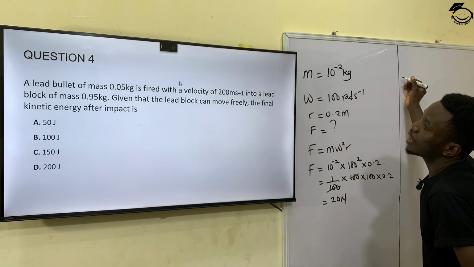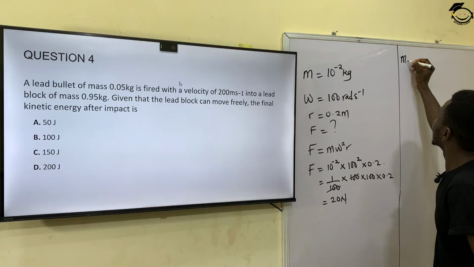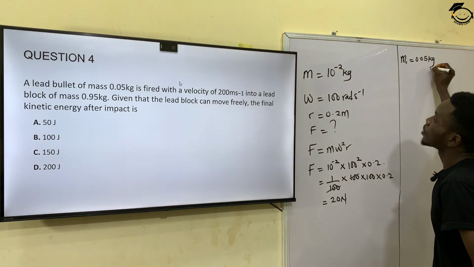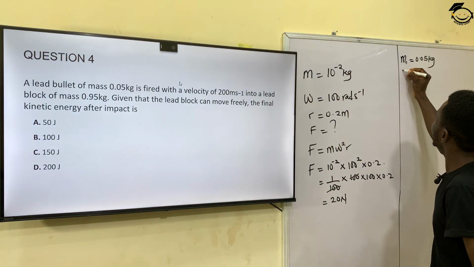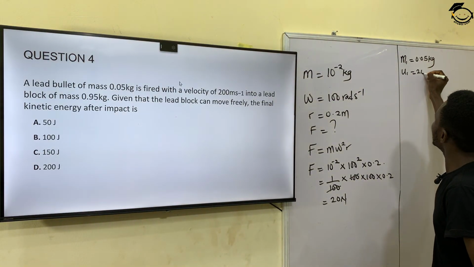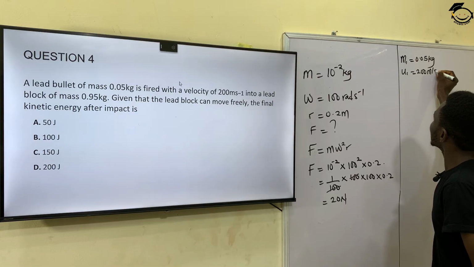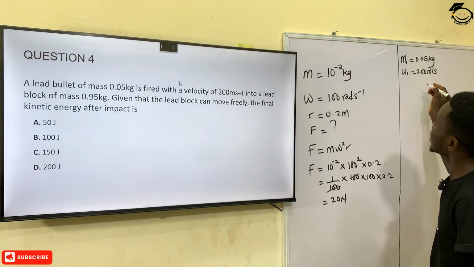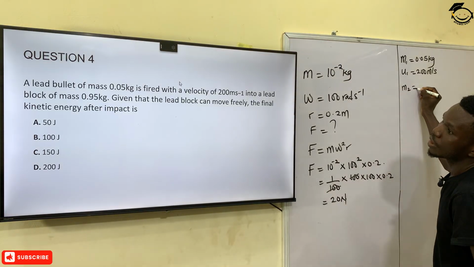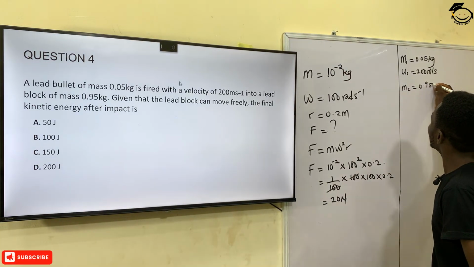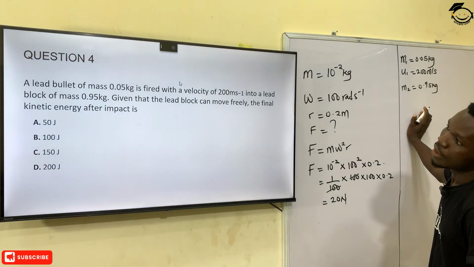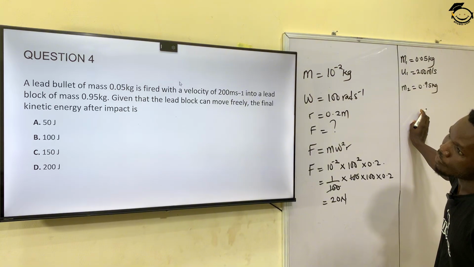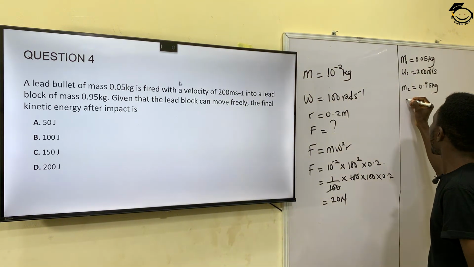So we have our lead bullet, the mass M1 as 0.05 kilogram, fired with a velocity U1 of 200 meters per second into a lead block of mass M2, which is 0.95 kg. Given that the lead block can move freely, the final kinetic energy after impact is, so our KE is unknown.